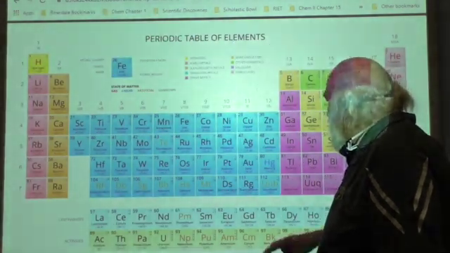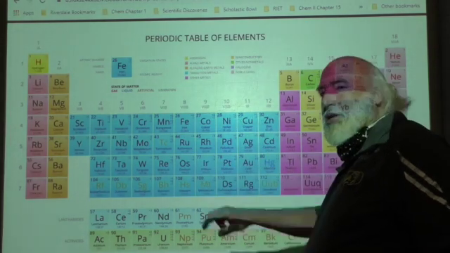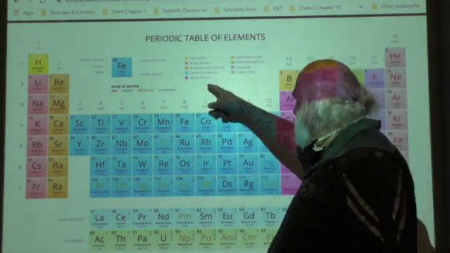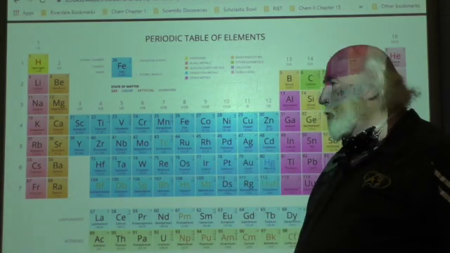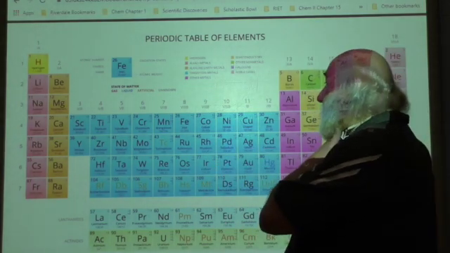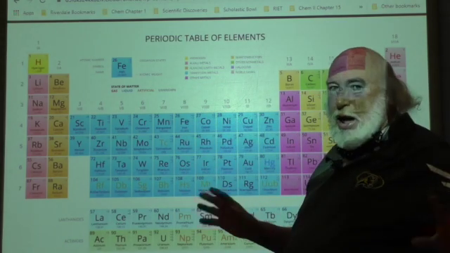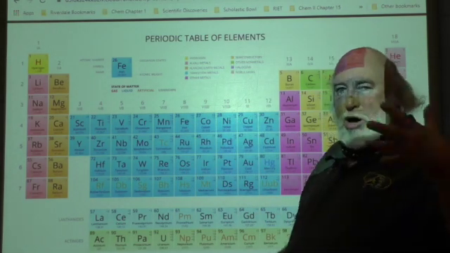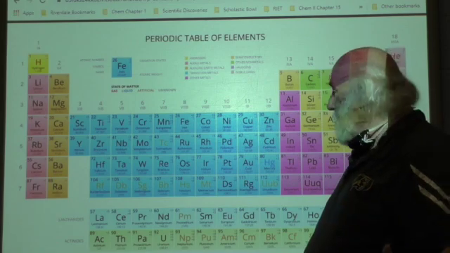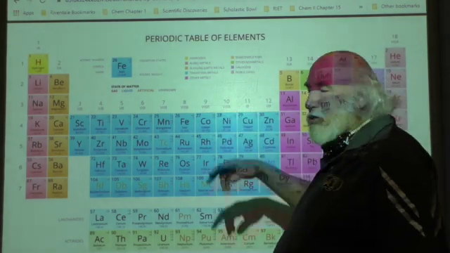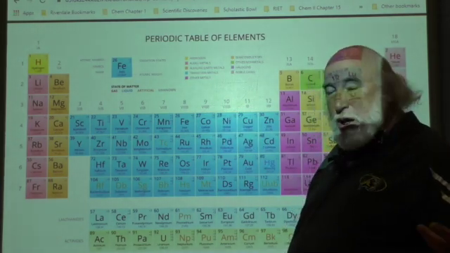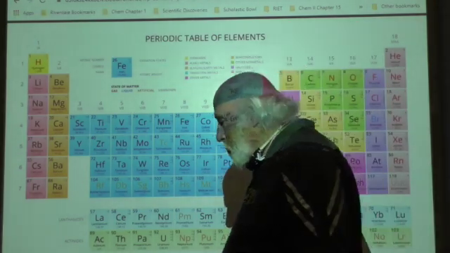If I'm looking at iridium here, element number 77, this is column 9. Column 9 has a B column with it, 8B, which we are not going to deal with. So if I ask you for the column number you have for iridium, you simply say it is found in column 9, and so on.